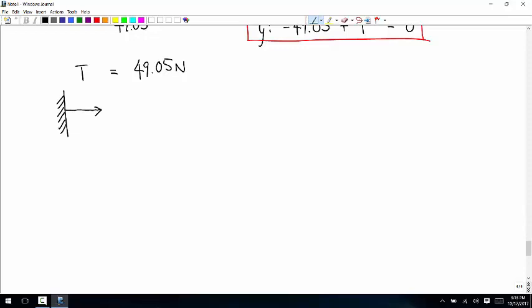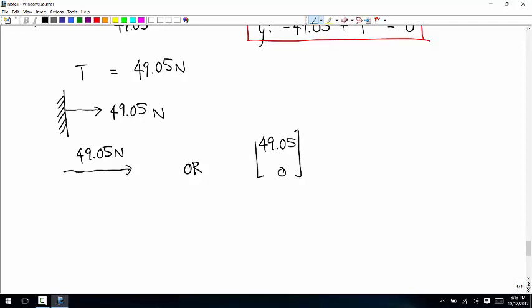So this way, with a magnitude of 49.05. So it's a vector like this, 49.05 newtons, in the positive x direction. So 49.05, 0. Any questions about that? Okay, see you later.